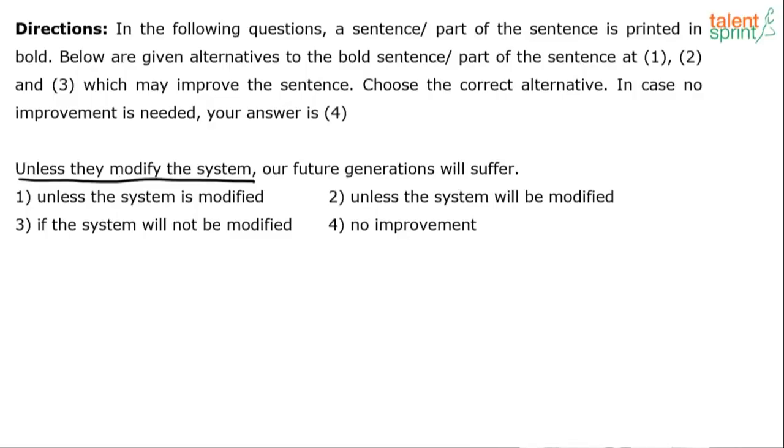Now, when we say unless they modify the system, who are we talking about here? We do not know. So it would be better if we put it in passive voice.